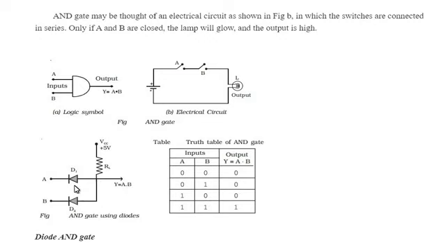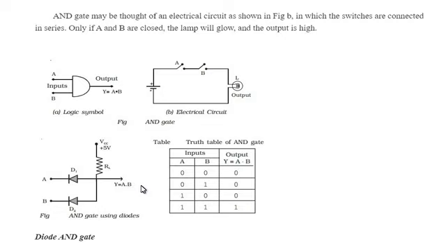Now, what about the last case? Both the diodes are in reverse bias direction. That is, A is equal to 1, B is equal to 1. Anode of the diode is at the positive potential, cathode is at the negative potential. Therefore, because both diodes D1 and D2 are in reverse bias direction, there is no flow of current through this RL, therefore output Y is equal to 1.